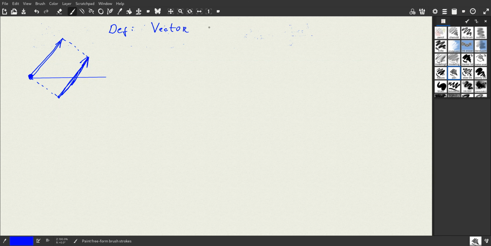So, vector, by definition, is an element of a linear vector space. And then, what is a linear vector space?